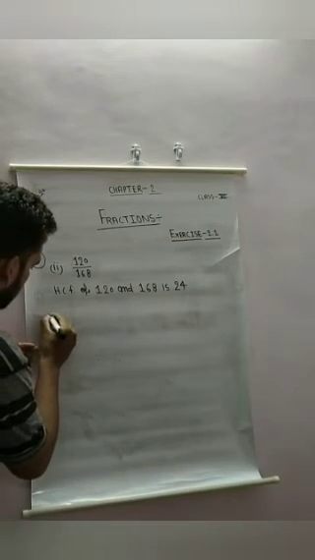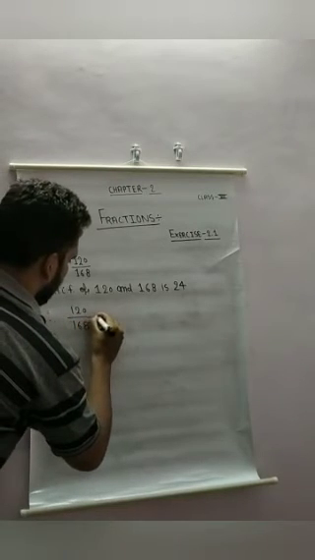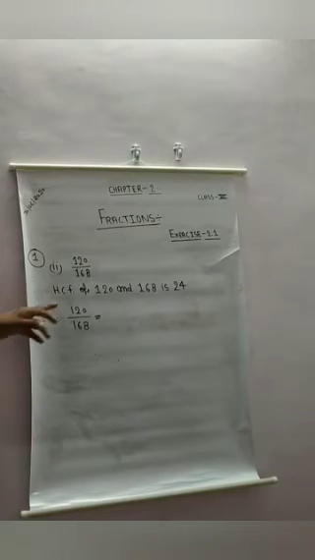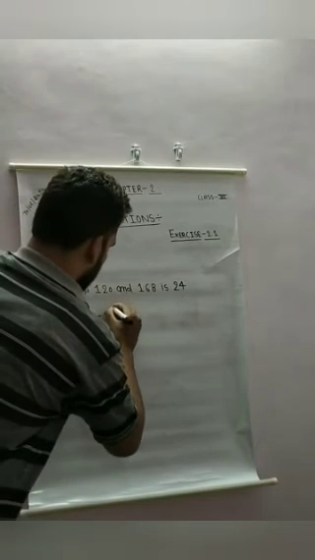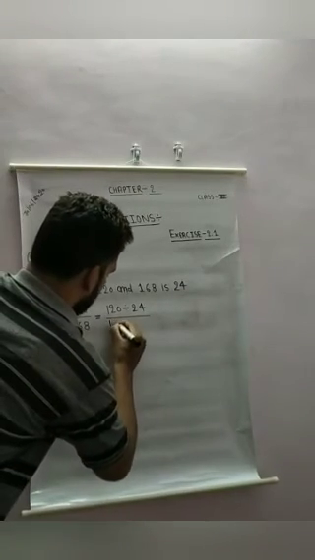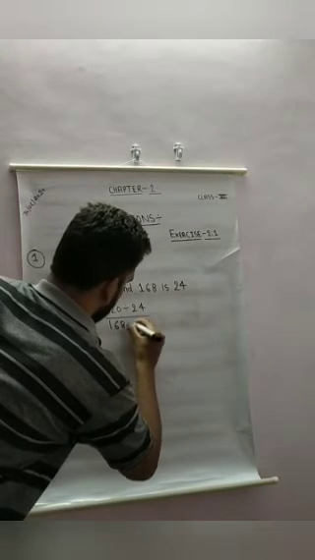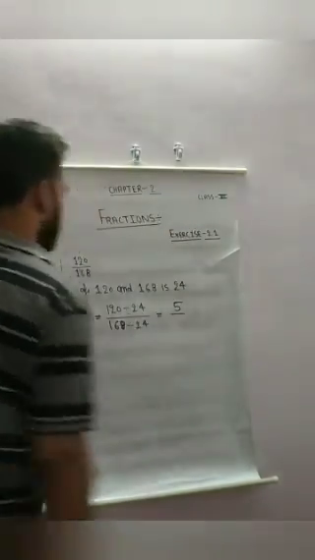Therefore, 120 upon 168 is equal to 120 divided by 24 upon 168 divided by 24. 120 divided by 24, we get 5. 168 divided by 24, we get 7.